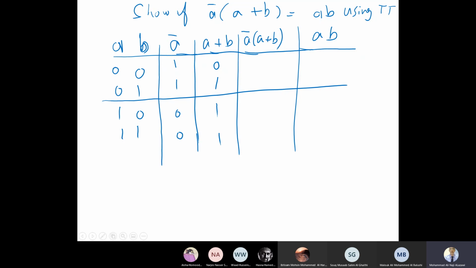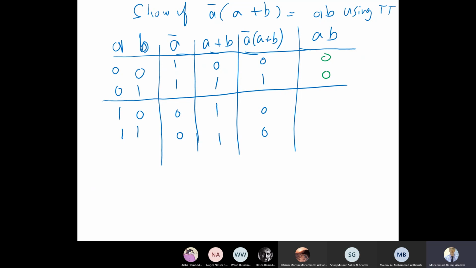So now to find this, I just add these two things. This is 0 1 0 0. So this is the first equation. I want to find the other one. Let's change the color. Then A B, I'll find A B. 0 and 0 is 0, 0 and 1 is equal to 0. Okay, one second.